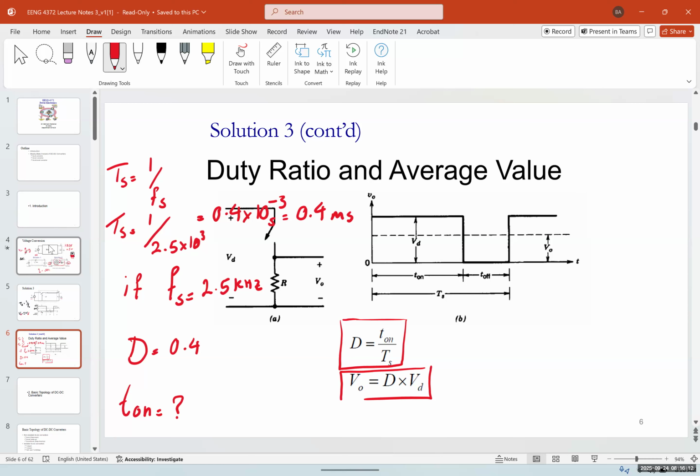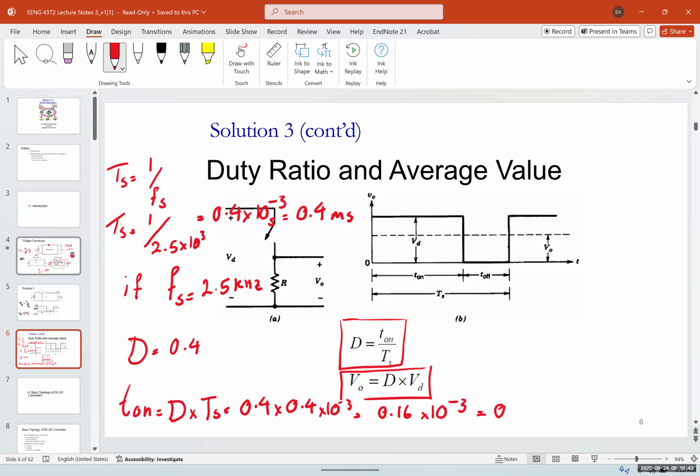Now, if the duty ratio is 0.4, then T on would be equal to the duty ratio times TS, which is equal to 0.4 times 0.4 times 10 to the power of negative 3, which gives us 0.16 times 10 to the power of negative 3.